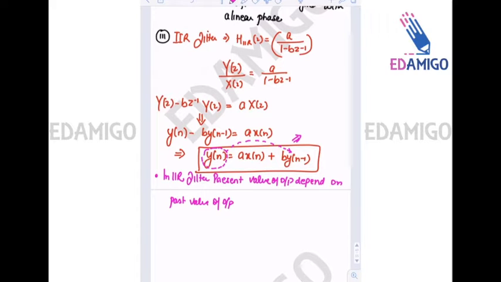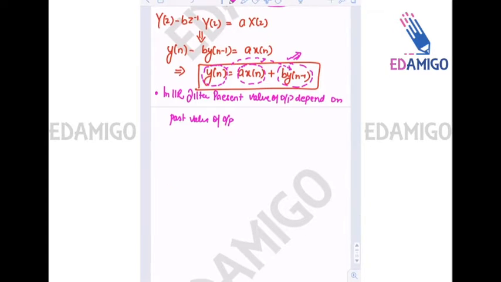And it also depends on the present value of input, and there can be other past values of input and other past values of output too, but I have taken a simple system, so only these two terms are coming.